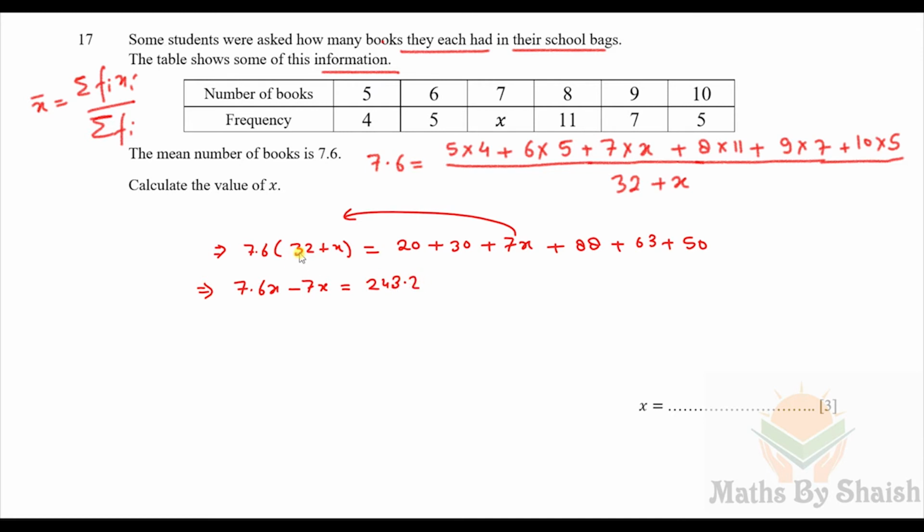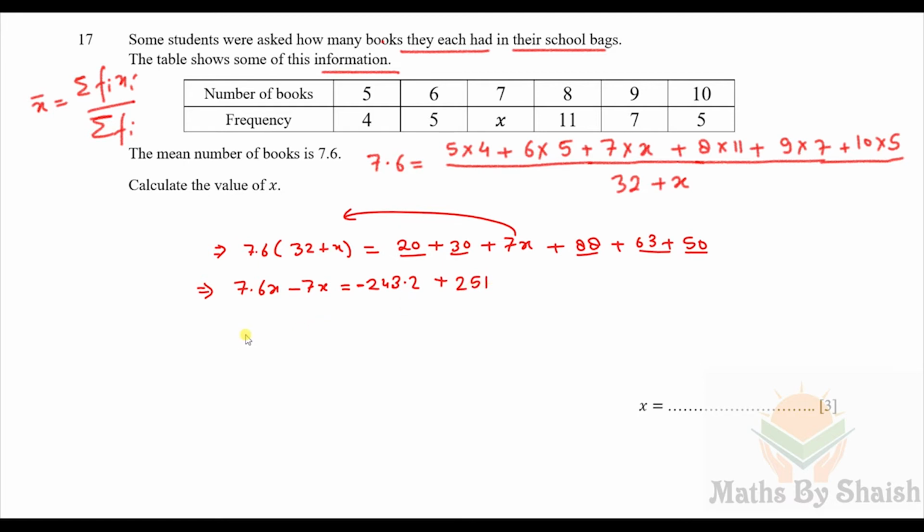It will come here, it becomes minus, and 20 plus 30 plus 88 plus 63 plus 50, we add them all, and this value is coming to 251.